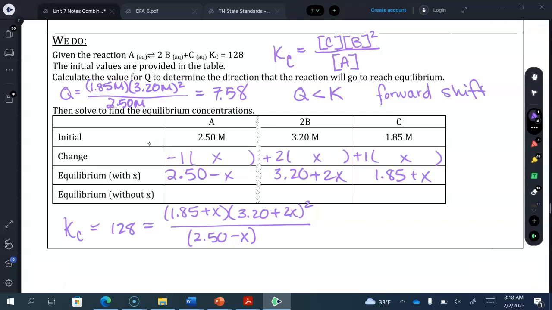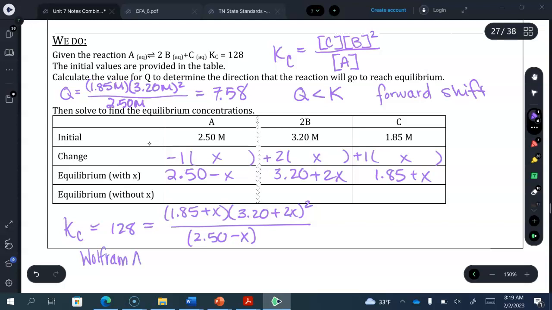What I would recommend is using a solver either on your calculator, if you know how to plug it in and solve for the zeros, or what I did is I used an online solver. This is the one that I just preferred. I think Desmos has one too, but you're going to use a solver for this and you should get X is equal to 1.50.